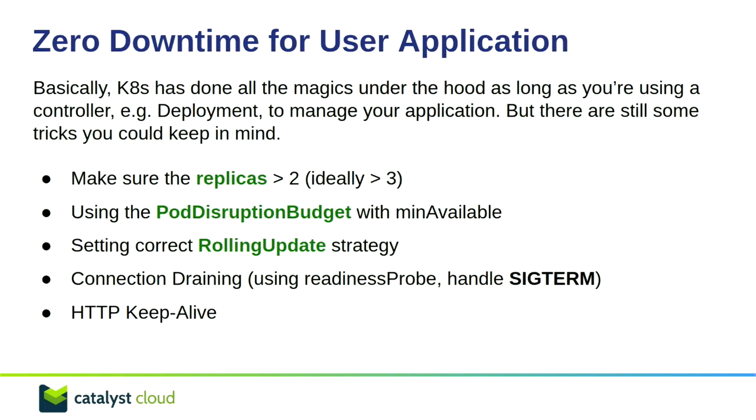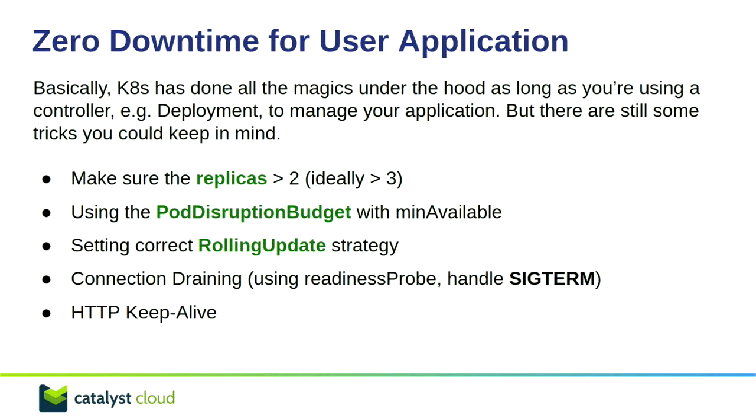When you do maintenance or a rolling update for your user application, you want to drain the connection. You don't want any new requests on that pod. For that case, you need to make sure you use the readiness probe and handle the SIGTERM signal correctly.